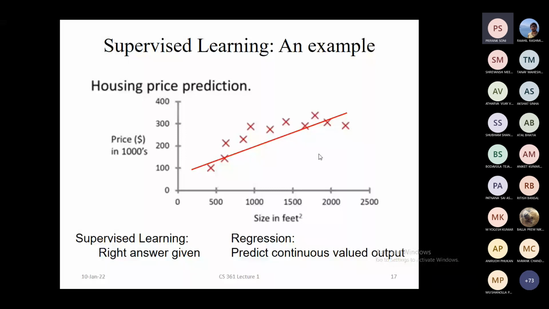What he suggested is y equals mx plus c, where m and c are parameters. As I said earlier, in the next slide we'll say, this is called a hypothesis function. That's a parametric function, and the parameters are m and c.